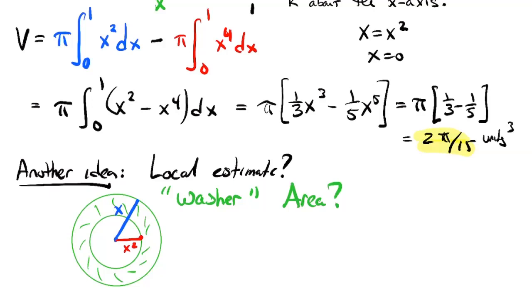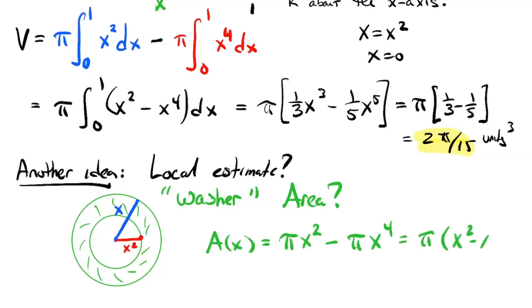So the area at x is, well, you have to take pi times a circle of radius x and subtract pi times a circle of radius x squared. And if you factor out a pi, this is going to be starting to look familiar, I think. That's exactly the function that we integrated to compute this volume.